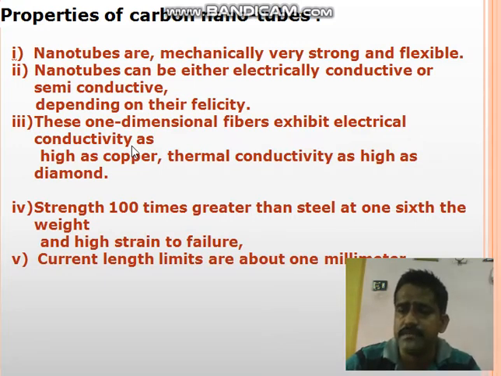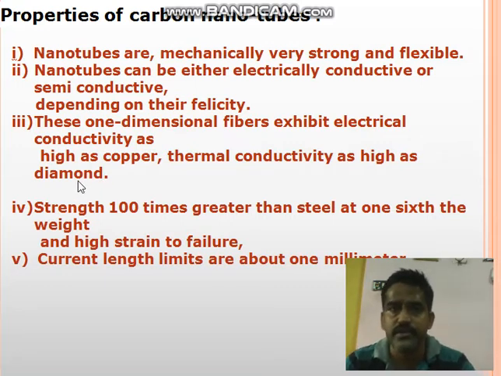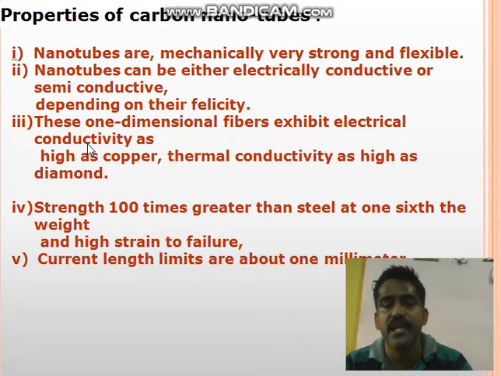The graphite has higher conductivity compared to copper, and it has high thermal conductivity, similar to diamond. So it has high thermal conductivity as well as high electric conductivity.